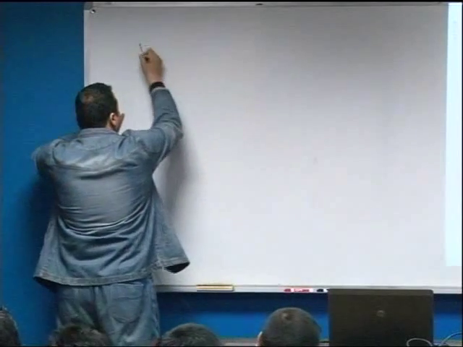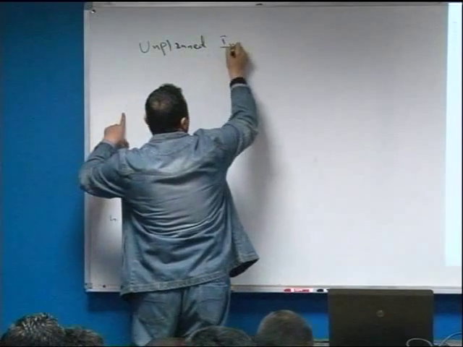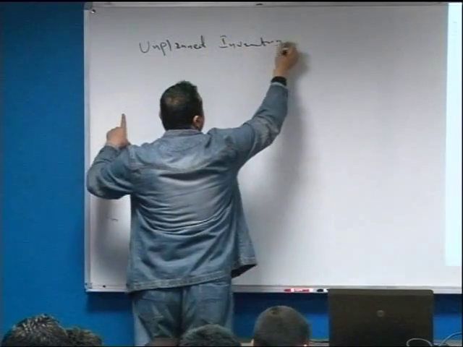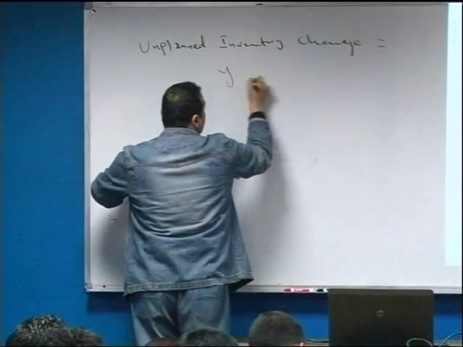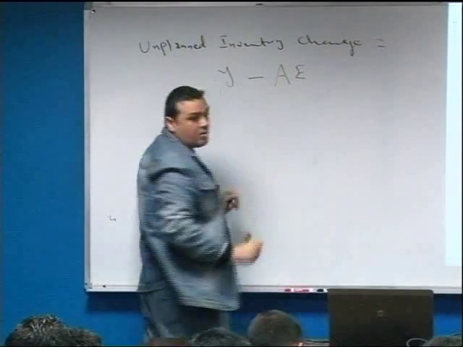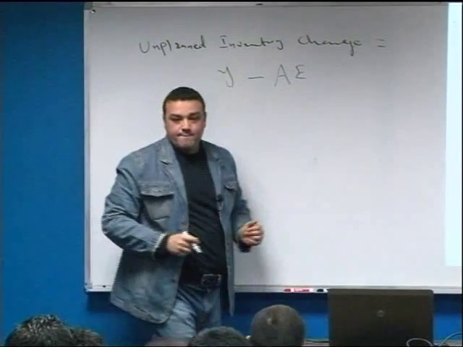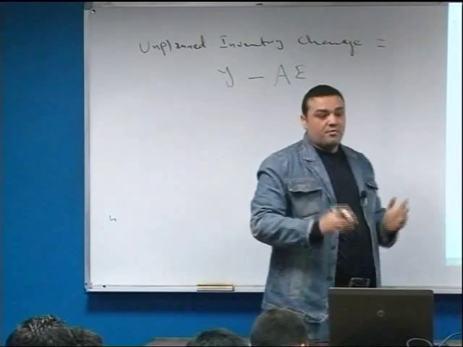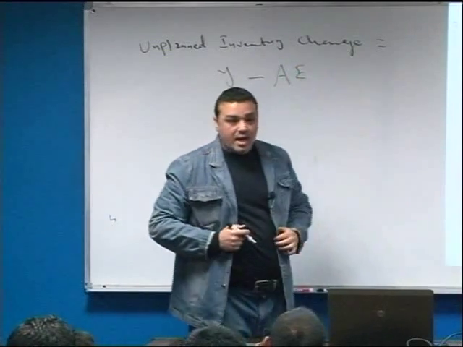So the unplanned inventory change equals Y, the aggregate output, minus aggregate expenditure, or the planned aggregate expenditure, or Y minus C plus I, right? If we have government, it should be included in the aggregate expenditure.